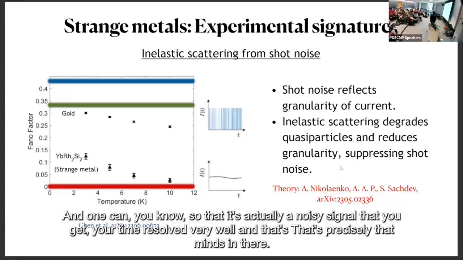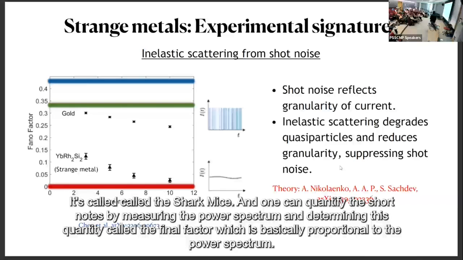So it's actually a noisy signal if you time resolve it well, and that noise is called the shot noise. One can quantify the shot noise by measuring the power spectrum and determining this quantity called the Fano factor, which is basically proportional to the power spectrum of the shot noise.